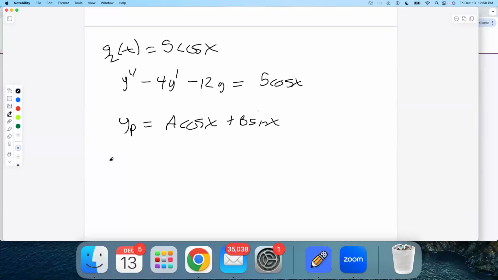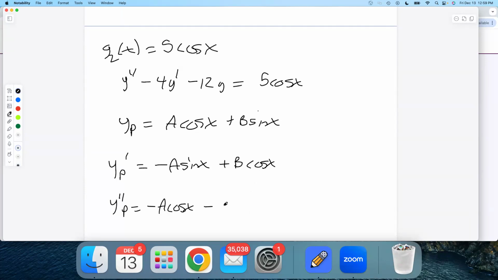Okay, and now this is a little bit of work. This is going to get a little tedious here. Derivative of cosine is negative sine. Derivative of sine is cosine. And now second derivative. The derivative of sine is positive cosine.